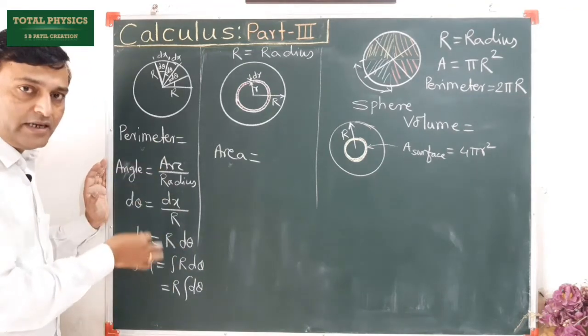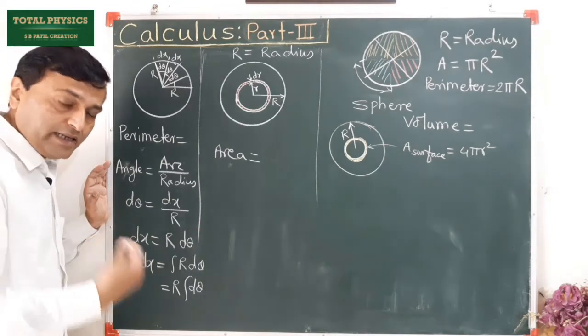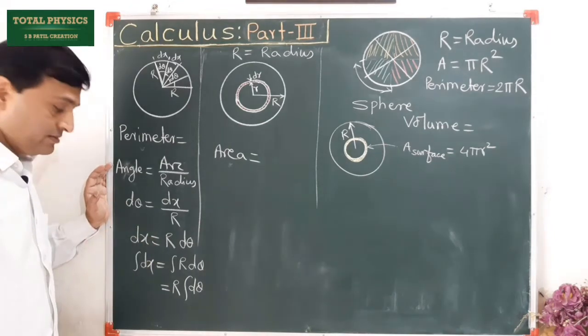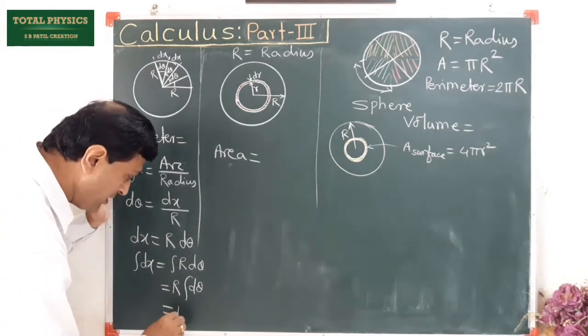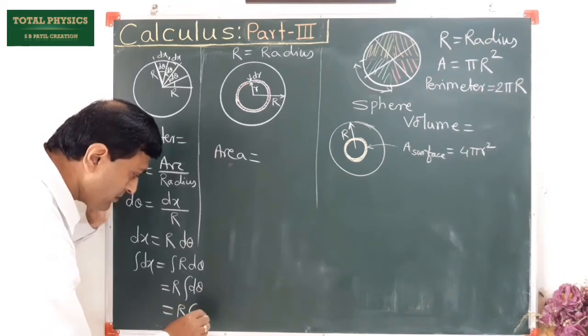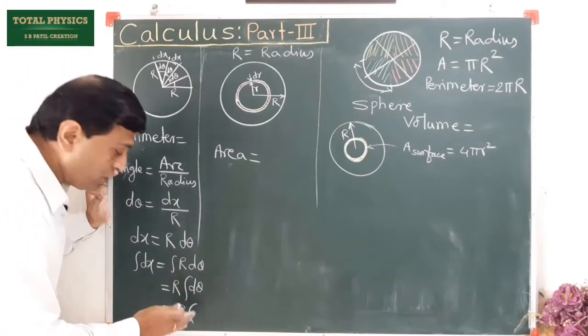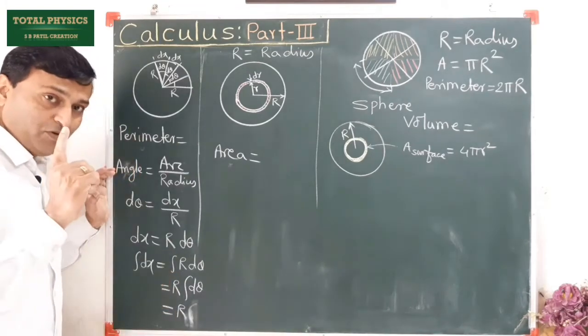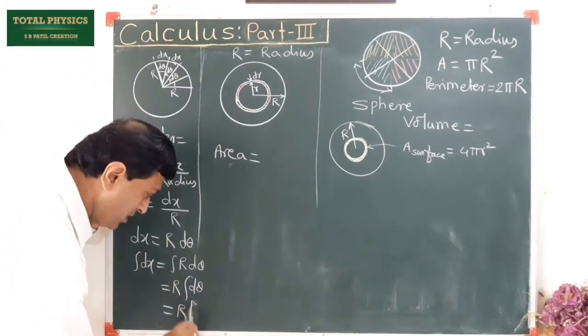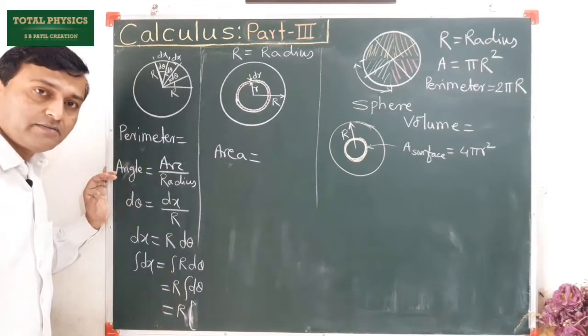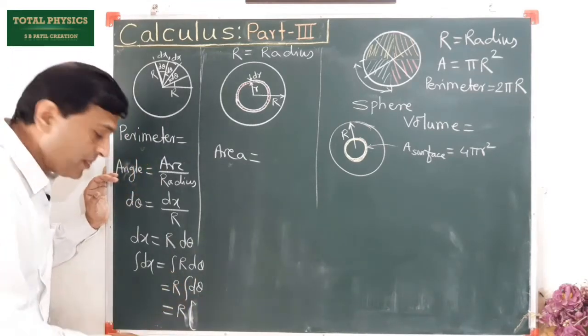But generally it is written in SI form. It is radian, means the total angle will be, actually you can directly write the total angle, or you can solve it by a simple rule. What is the rule? Integration of d theta is theta.